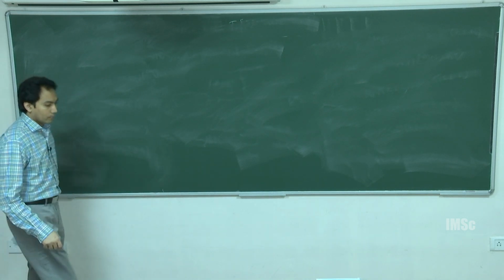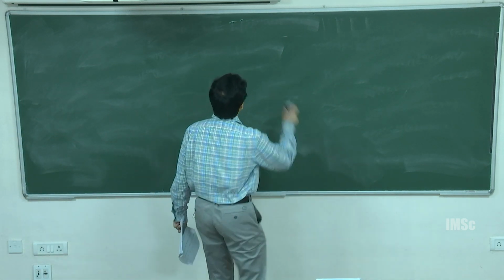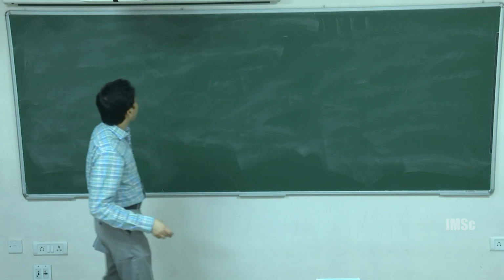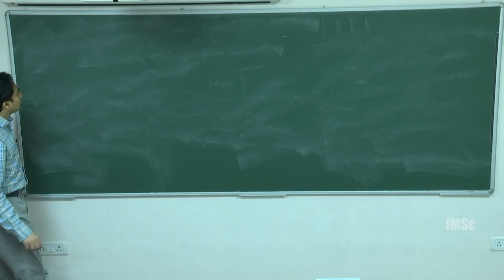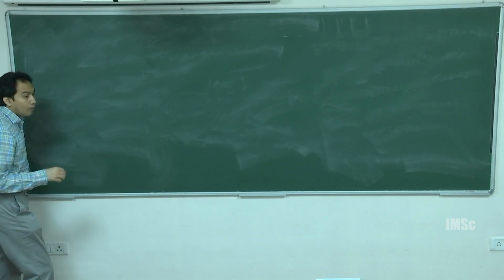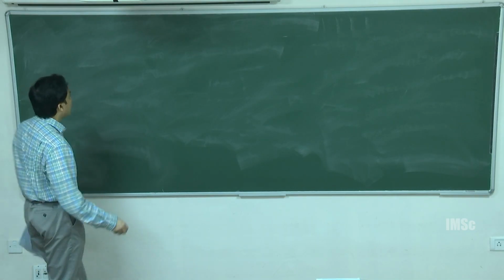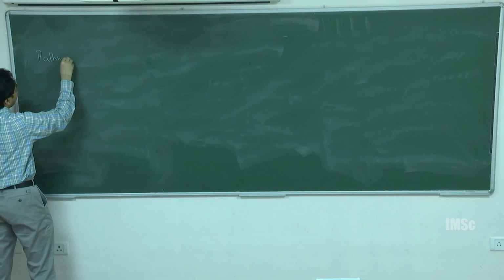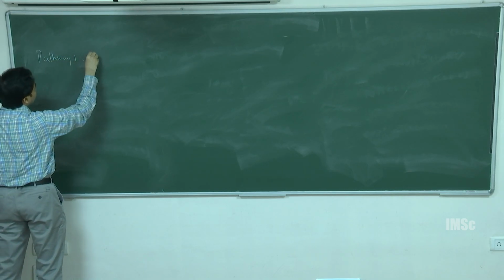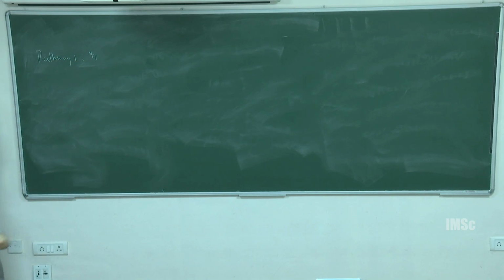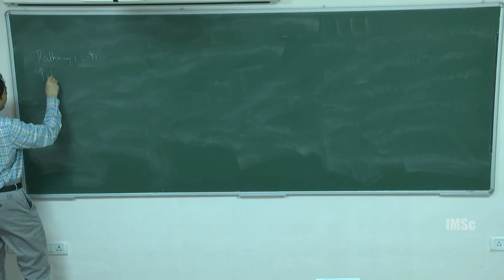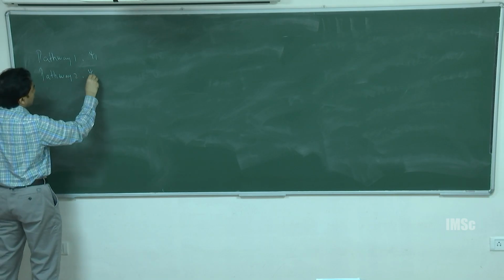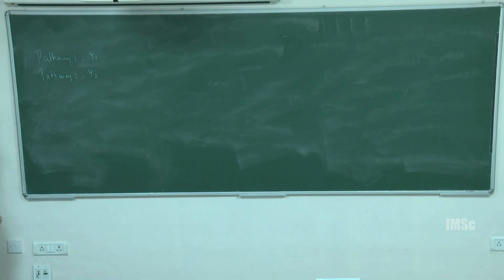One more thing. Let us say that the probability amplitude for pathway 1 is psi 1, and for pathway 2 is psi 2.